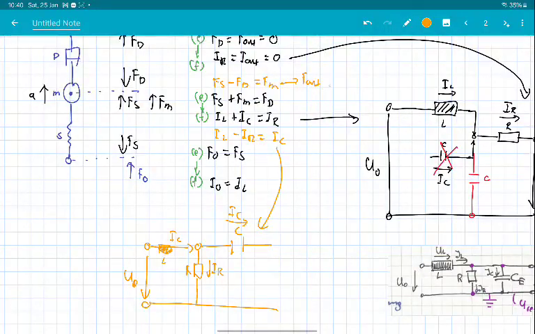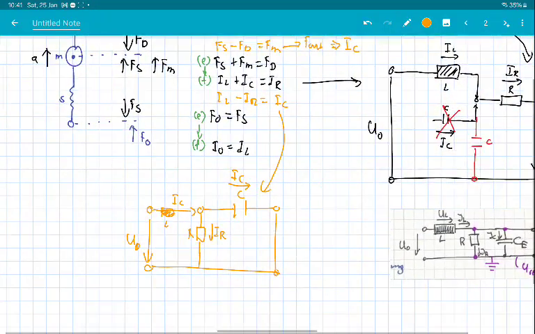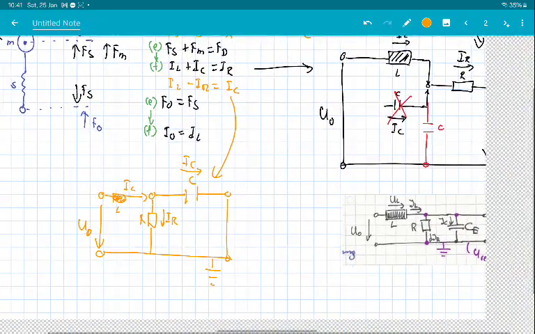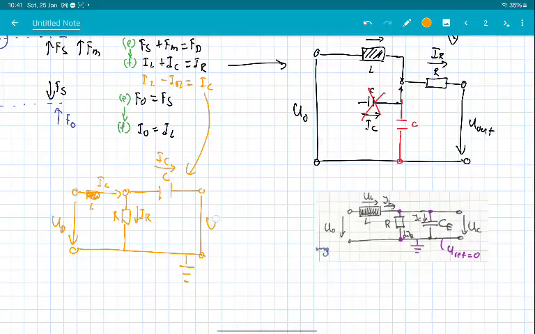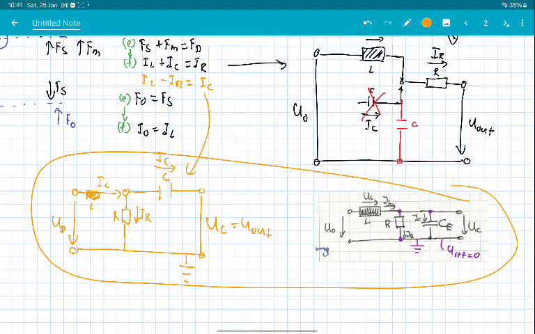Therefore our I out is equivalent to IC. So IC would be like this, and we would put a ground here. And now it's UC, or we can say U out. And now it's the same with the professor.